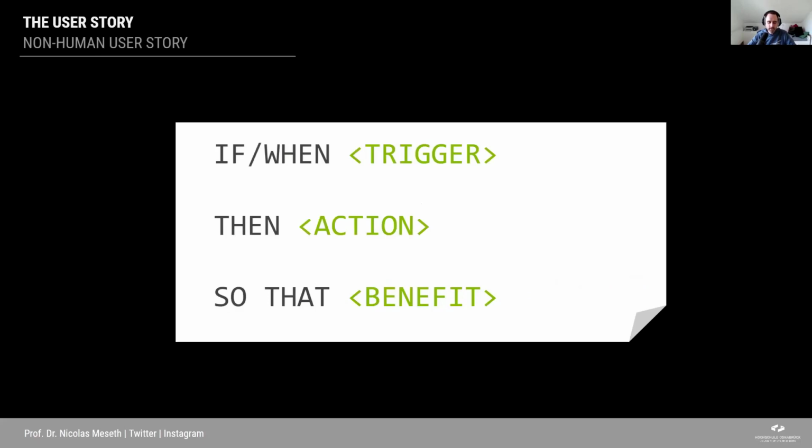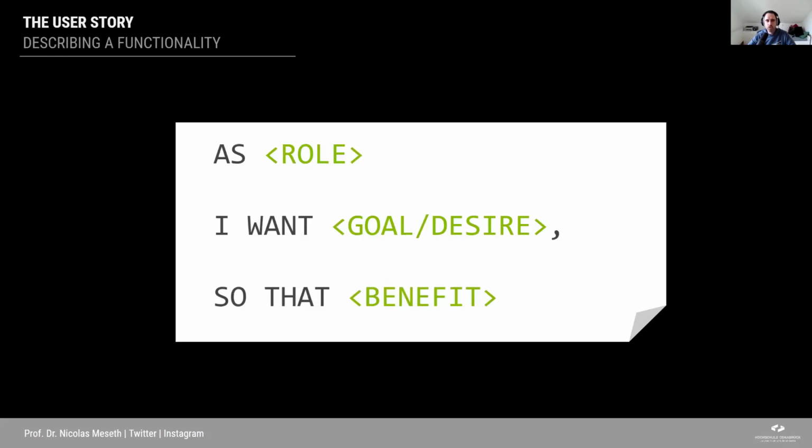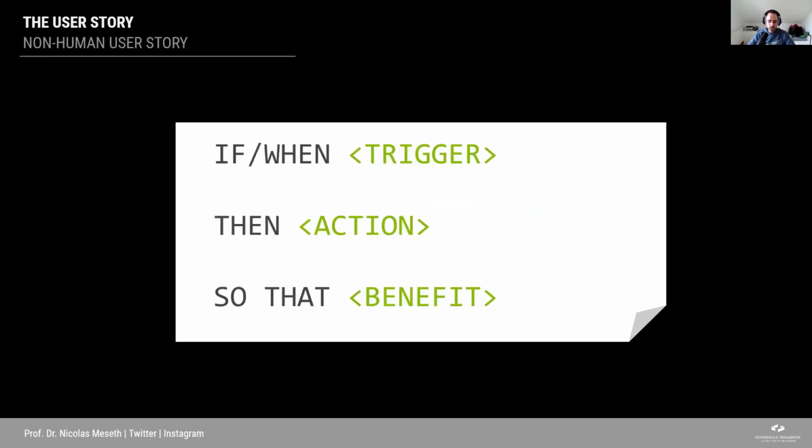So in our case, this is the typical role, some user, some human who's interacting with our system. But in our case, we also have a lot of functionality that doesn't necessarily involve a human. So then we can tweak this template a little bit and write it like this. So this would be a non-human user story describing a functionality of a system where no human is involved.